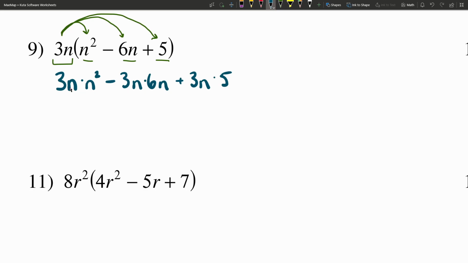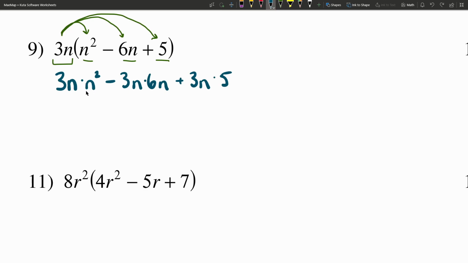So starting with the first, we have 3n times n squared. Well, the only thing we can combine through multiplication is n and n squared, because n times n squared is going to be an n cubed. We just have an extra n, so n squared is really n times n, so we have 3n times n times n.